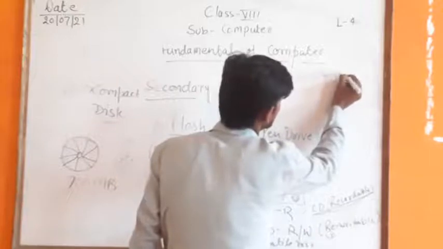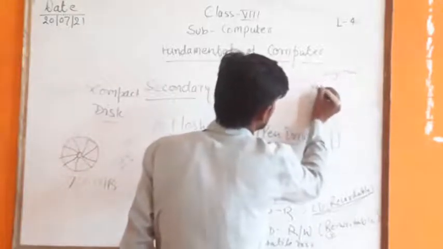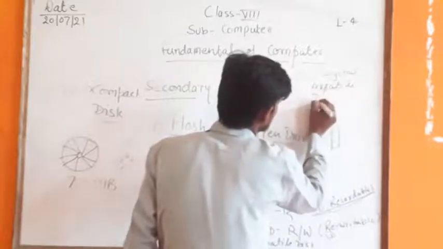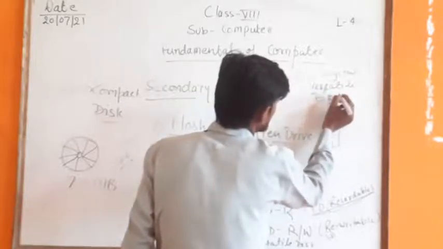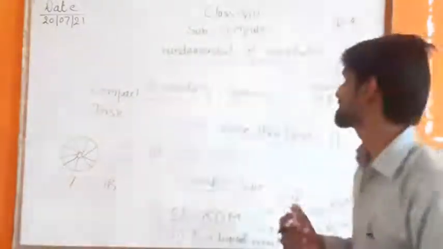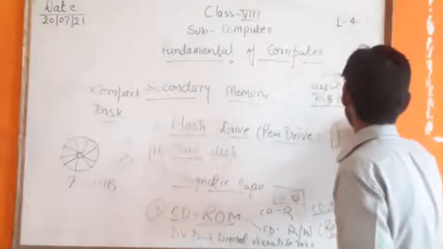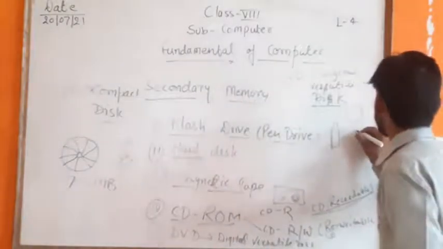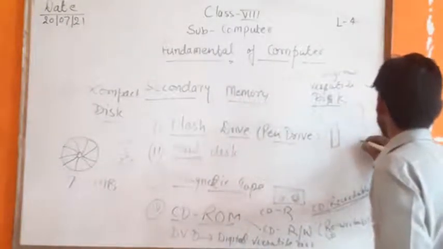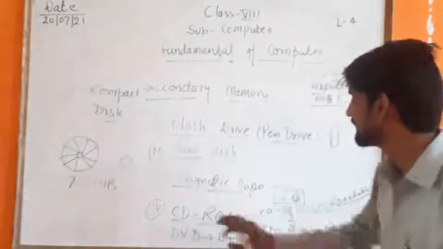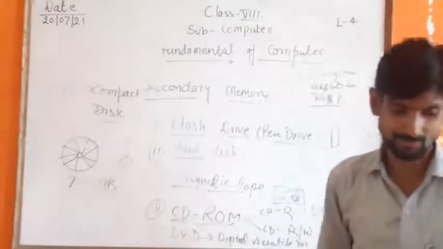Digital versatile disc. It acts like a CD but is huge in capacity. It looks like a CD and acts like a CD as well, but its size is 4.7 GB. That is the major difference between the CD and the DVD. Clear?